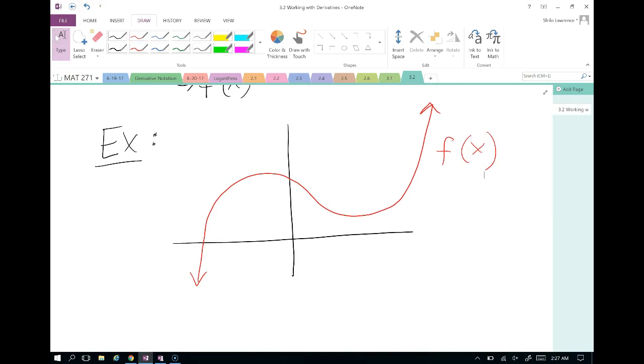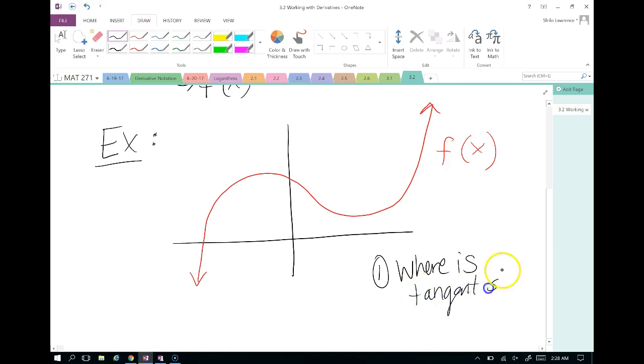Remember, the derivative tells us tangent slope. So one of the first things you should try to point out when you're trying to find the graph for a derivative is where the tangent slope is 0. So you need to remember from algebra class what a slope of 0 looks like.